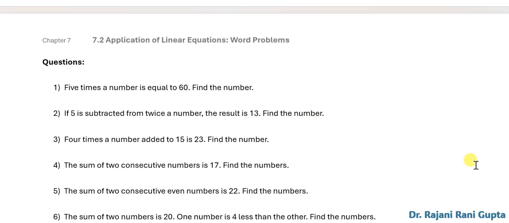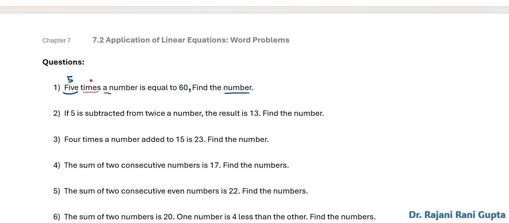So suppose you have the question here. 5 times a number is equal to 60. Find the number. You don't know what your number is. So let's complete the expression up to here first. 5 times: for times we have the multiplication sign.